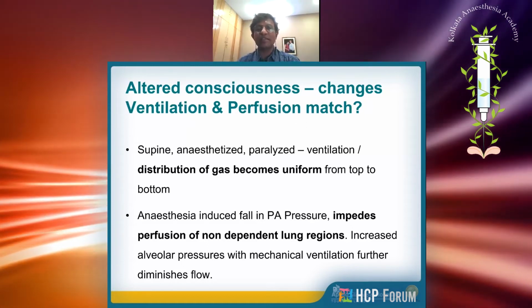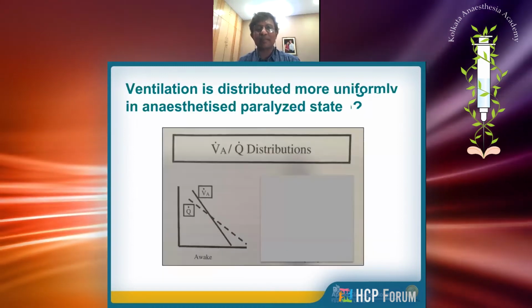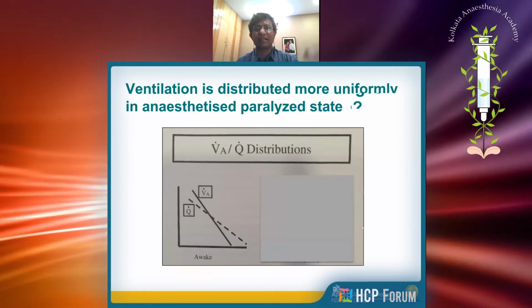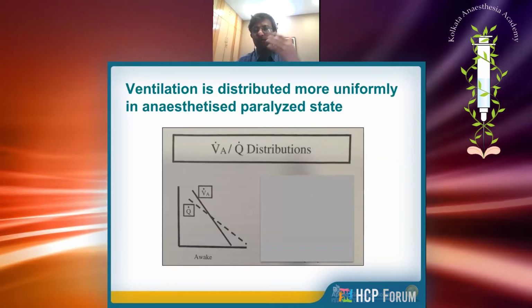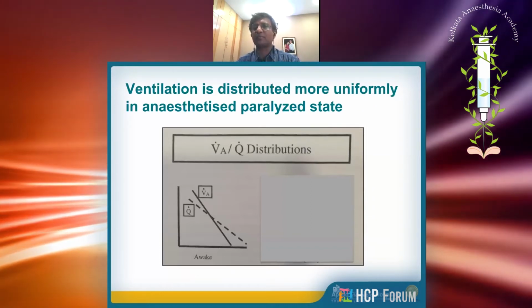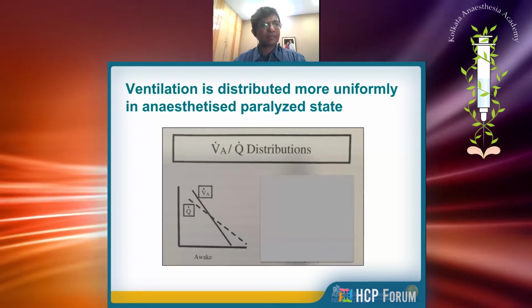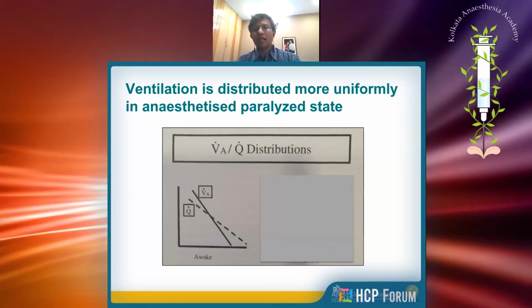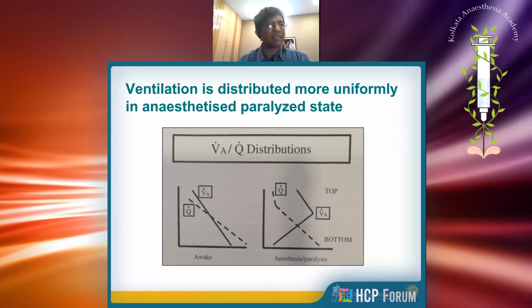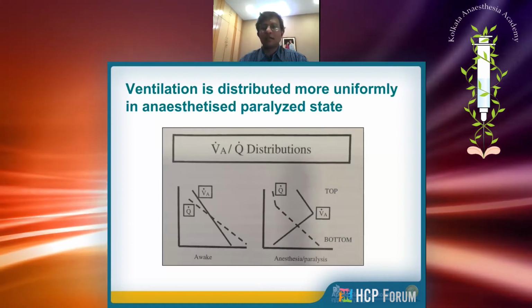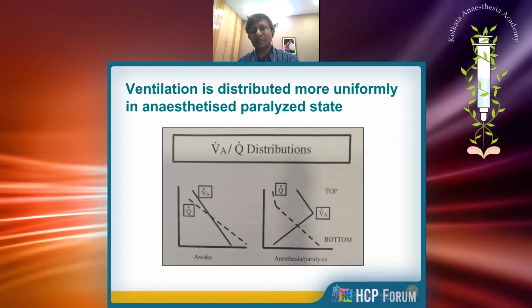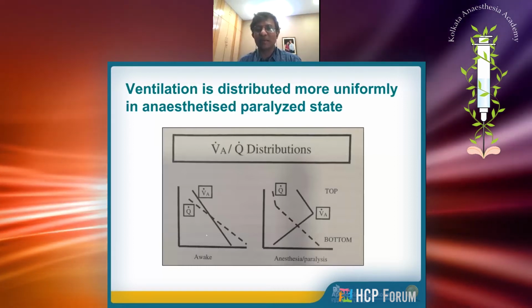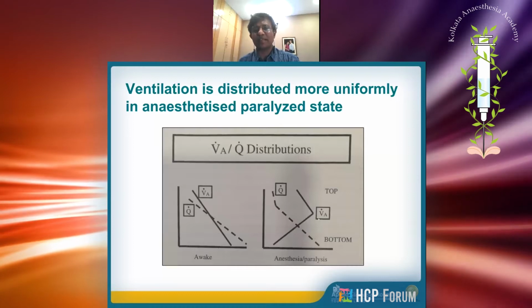So this is what happens in the awake state, as I think we discussed, from the top to bottom, the ventilation is increasing, perfusion is also increasing, but the rate of change of perfusion is more. What is happening in the paralyzed patient is this. The ventilation is becoming more uniform, the perfusion remains the same.